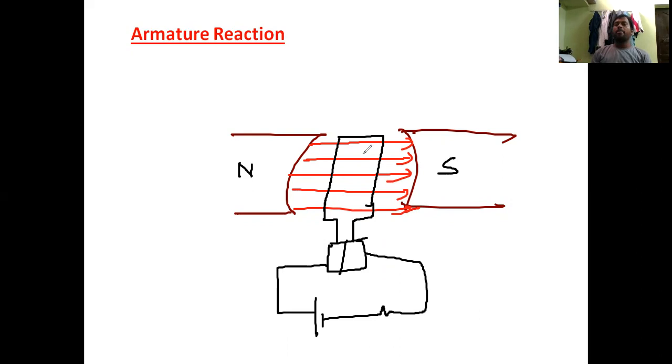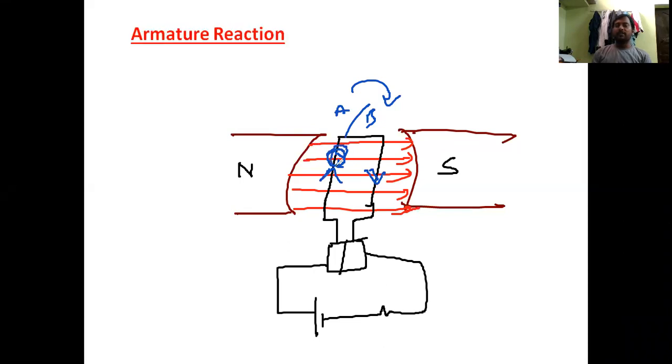Now if you rotate this, for example, this is the A and B side, in the clockwise direction, EMF is induced across this conductor and current passes in this direction. Flux is also produced surrounding this conductor.